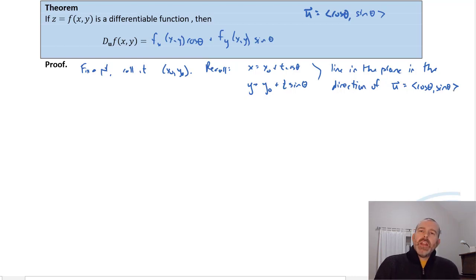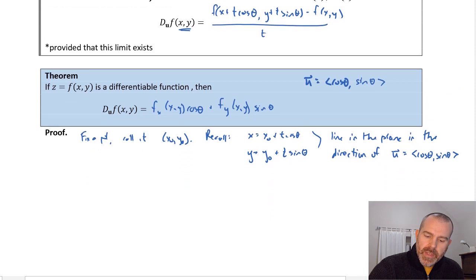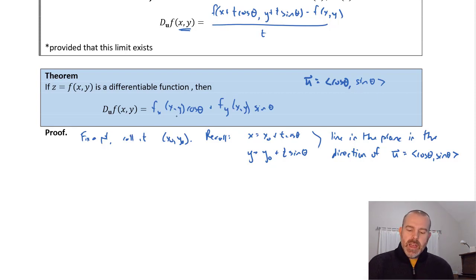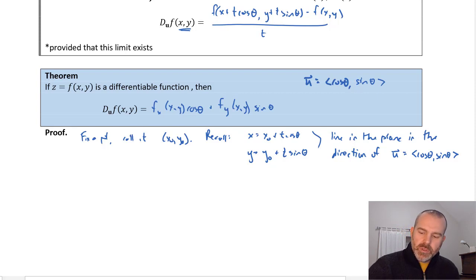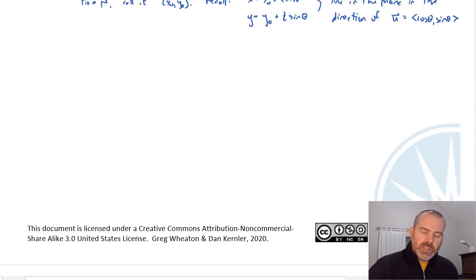All right, so what we're going to try to do is prove that the directional derivative, according to its definition here, is actually the partial derivative with respect to x times cosine theta, plus the partial derivative with respect to y times sine theta. So we're going to try to prove that. So the proof, not too bad.